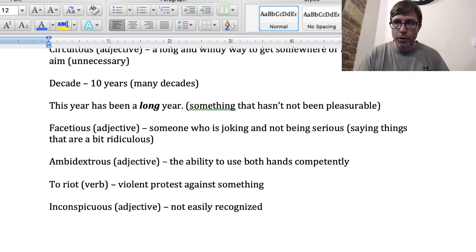Sarah's asking for synonyms for beautiful. So it really depends. If you're talking about the way somebody looks, you could say somebody looks incredible, they look amazing. Perhaps if it's a little more formal, you could say that they look elegant.